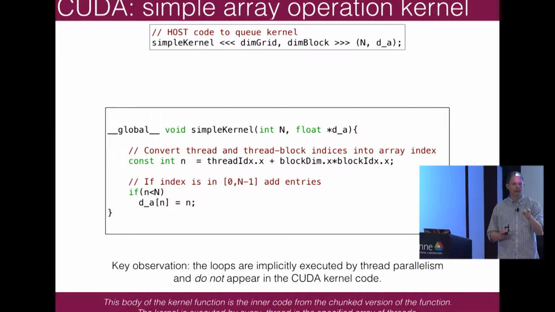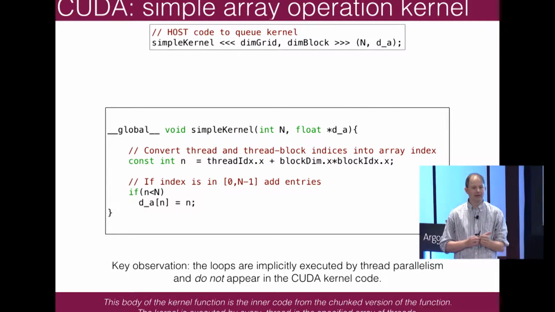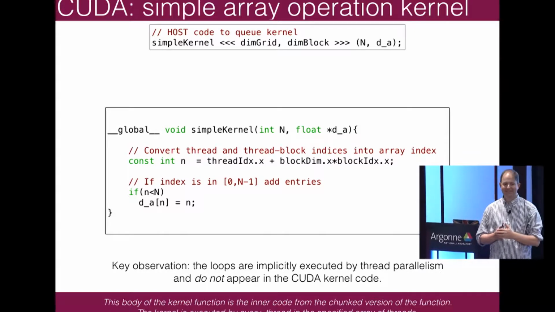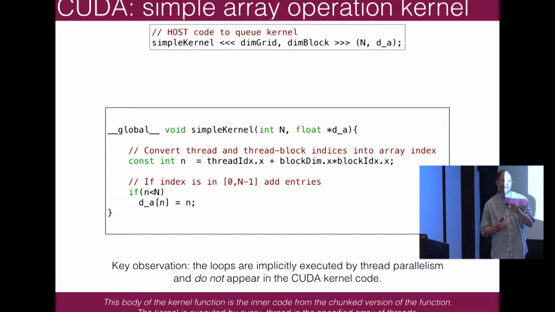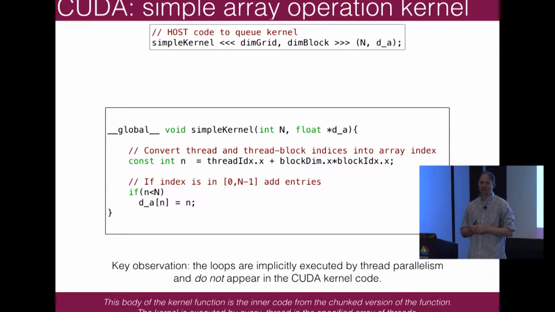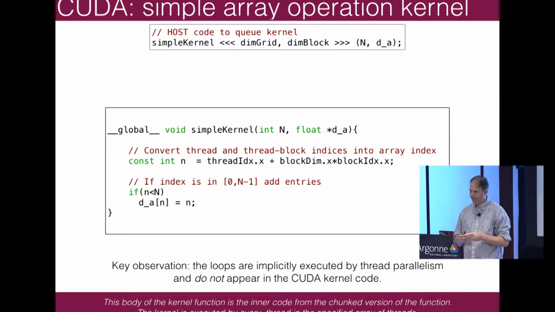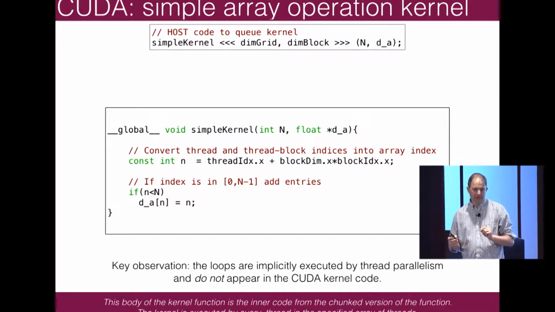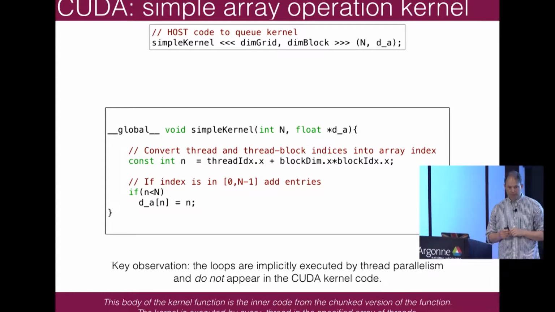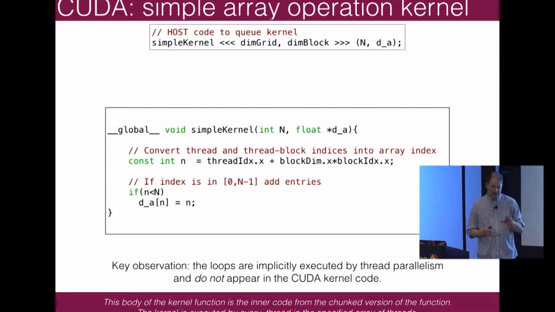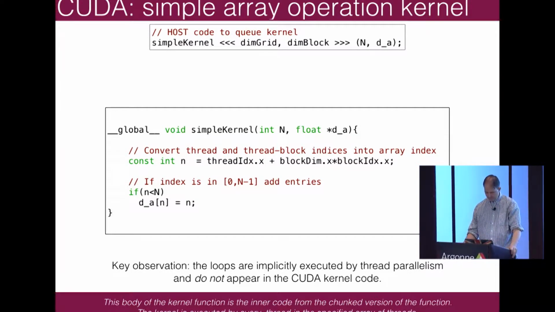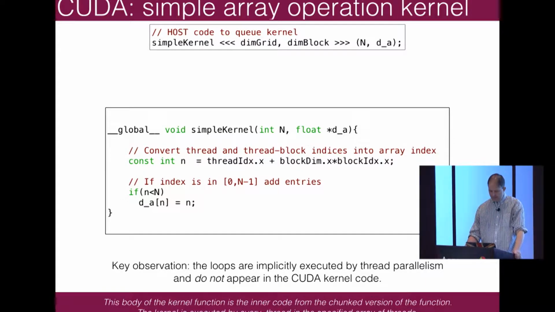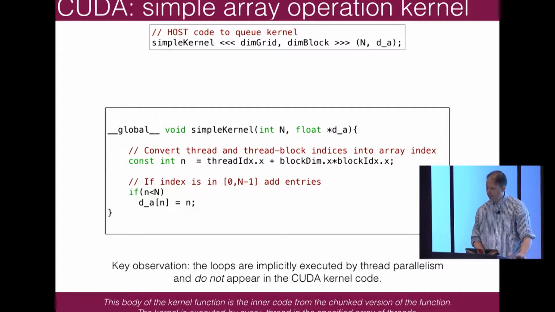I see that this is .x. I believe that it would be .y and .z as well, right, with more higher dimensions. I'll get to that. But you're not restricted to a one-dimensional thread array. You can actually have multi-dimensional thread arrays up to 3 dimensions, in each of the blocks and the grid. Is the dim block around your block dim meant to be that way or is it a typo? I'll get to the code and you'll see.